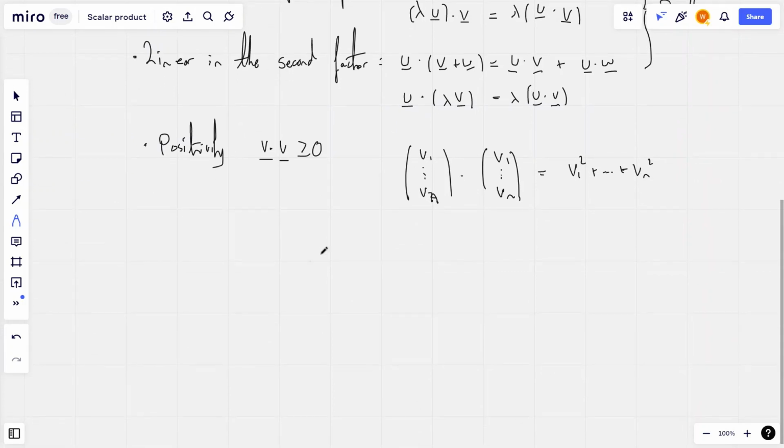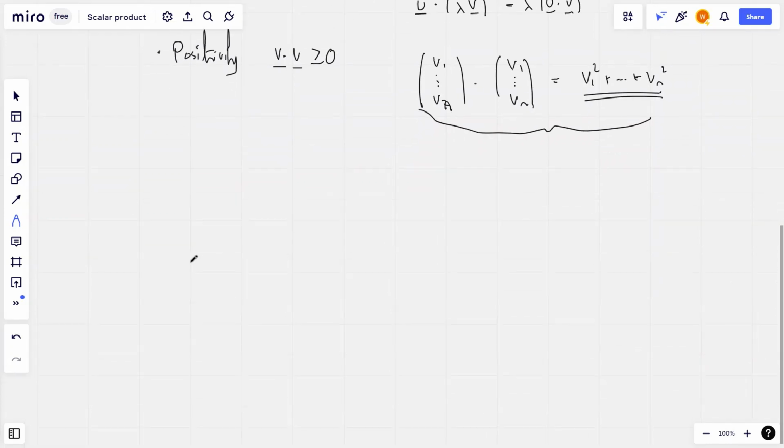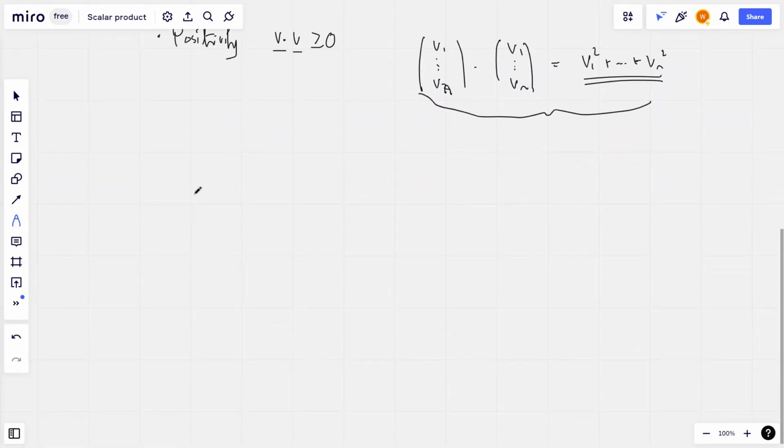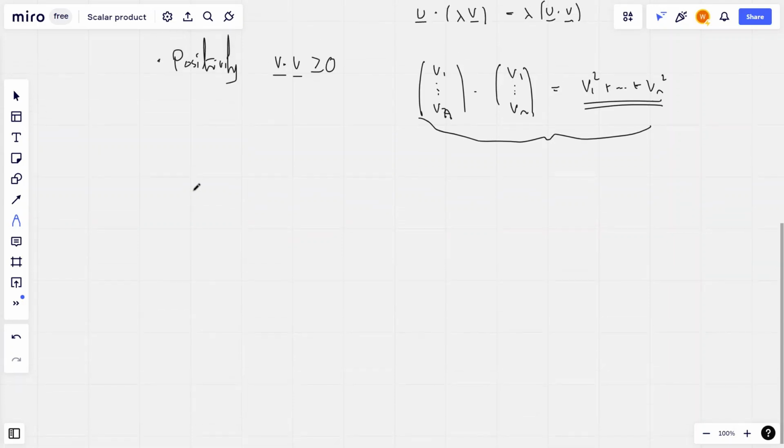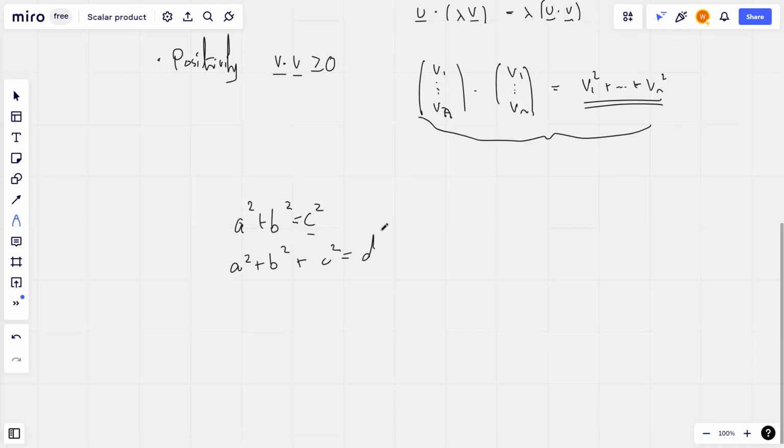Okay. So, following on from this, this term looks oddly like our definition of magnitude. Well, if we have the Pythagorean theorem, we have a squared plus b squared equals c squared. This is the hypotenuse of a triangle. We can generalize it in more dimensions, a squared plus b squared plus c squared equals d squared and so on.